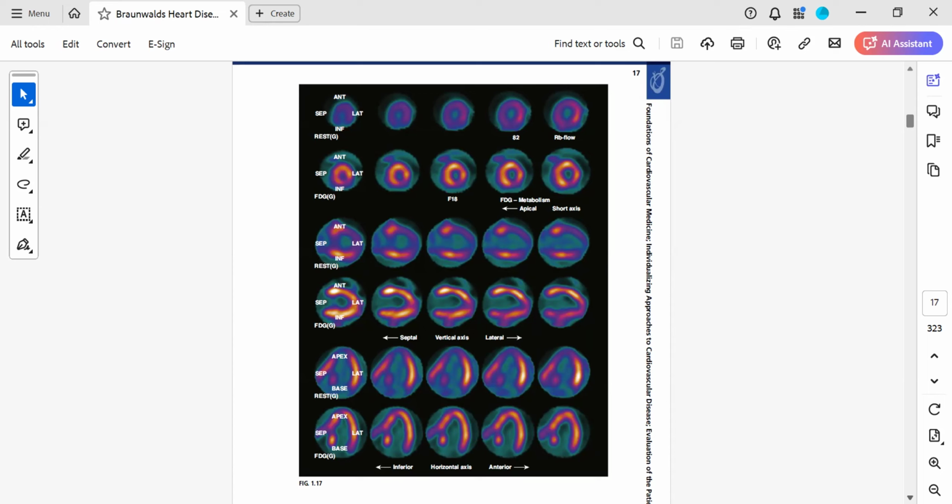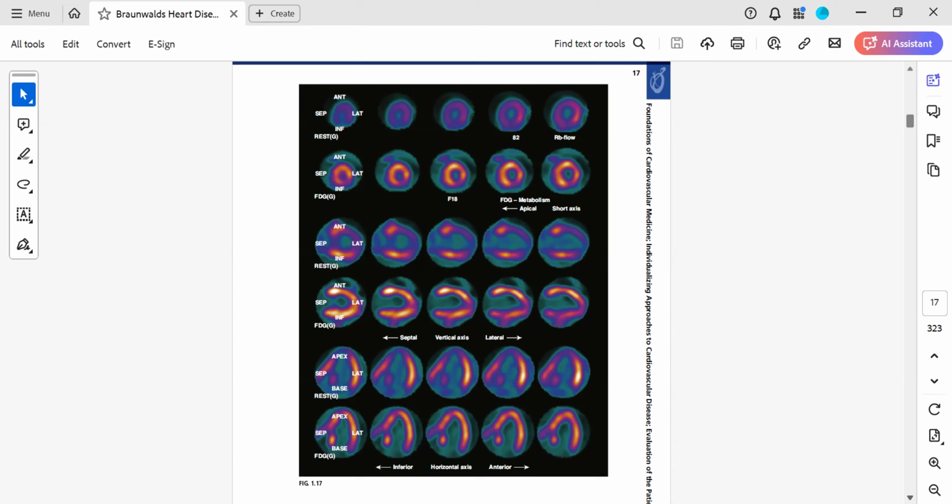If we look at the second line, you can see that between 5 and 6 o'clock, there's a thinning out in the flow perfusion. Between 5 and 6 o'clock, there's a little thinning out there in the last two images.